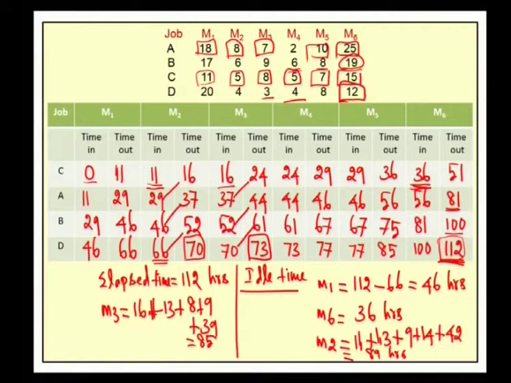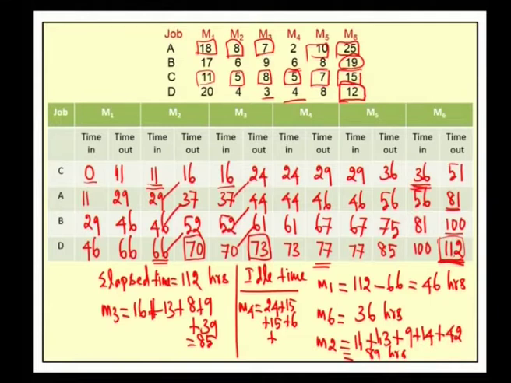The same way we can compute the idle time of machine 4. The idle time of machine 4 is 24 plus 15 plus 15 plus 6, and machine 4 completes its work in 77 hours, but the whole process completed in 112 hours.